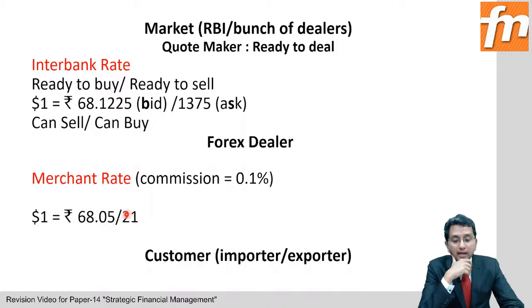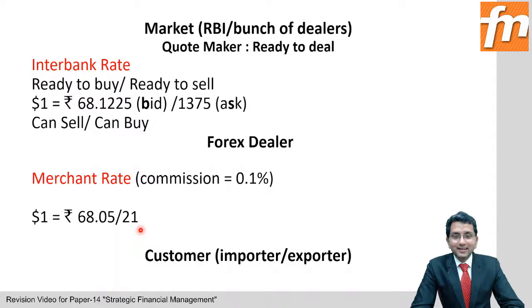And to arrive at the merchant ask rate, you need to add margin to the interbank ask rate. So turn on your calculator again. Type 68.1375 plus 0.1% and round it off up to 2 decimal points.